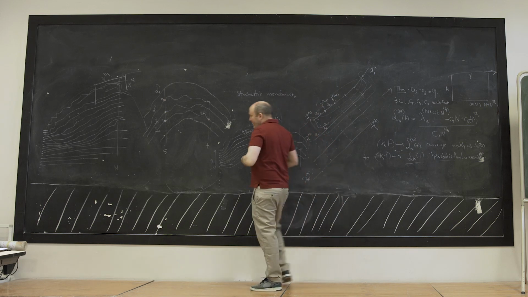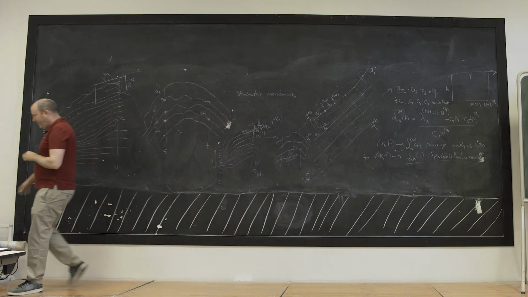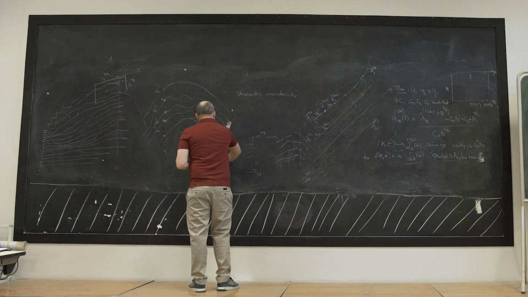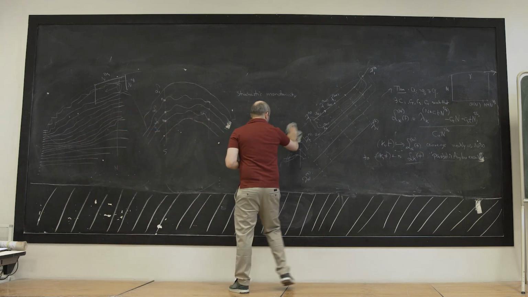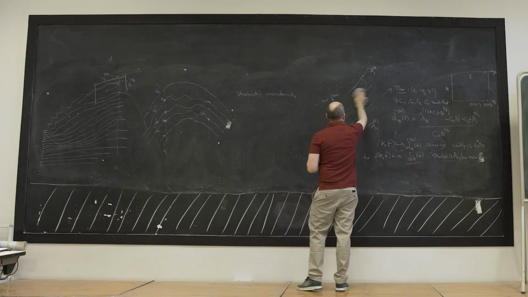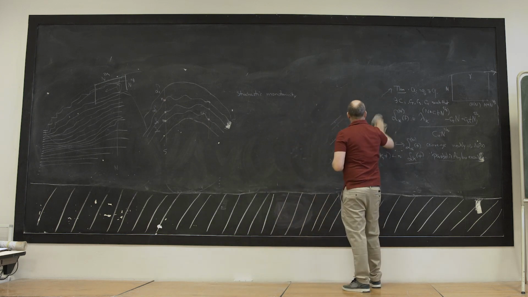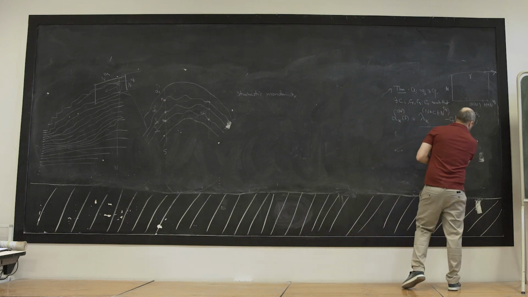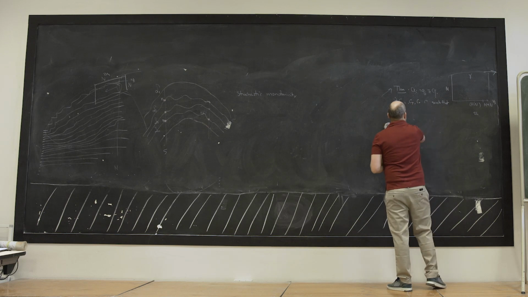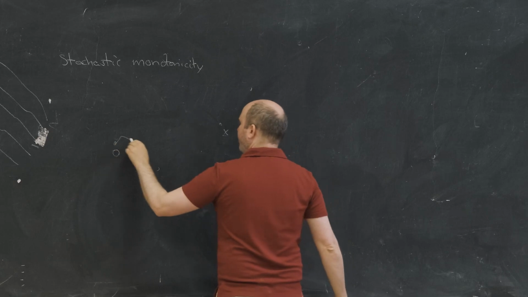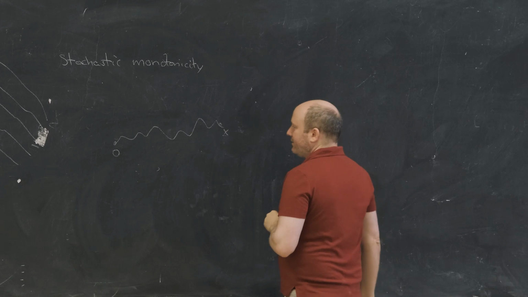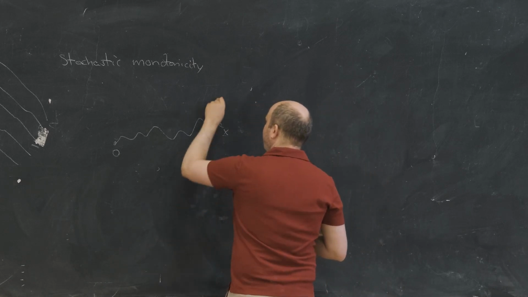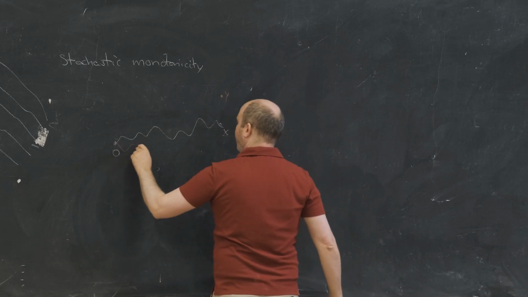So what is the idea here? Well, let me start with something very basic. If you have a Brownian motion, or let's say a Brownian bridge even, say from 0 to height x, and then I have a Brownian bridge from 0 to height y, here maybe y is bigger than x.